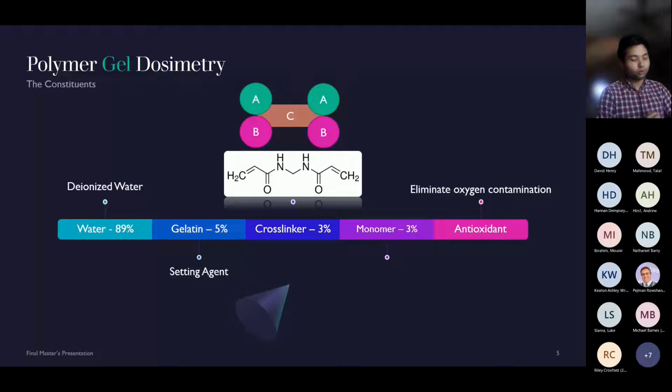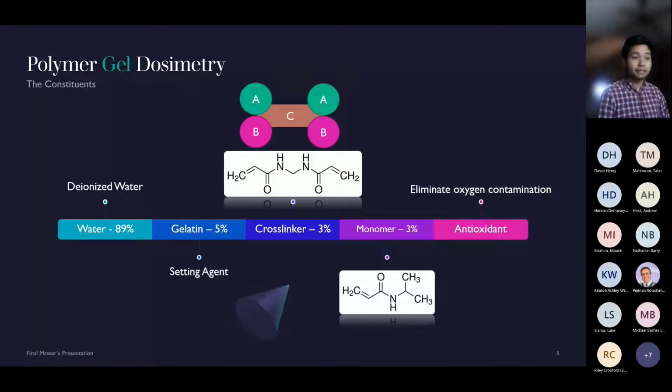The monomer I'm going to use, as mentioned before, is NIPAM, and then after adding all of those together, we can add something called an antioxidant, which eliminates any oxygen contamination or tries to sweep up all the oxygen from the polymer gel.